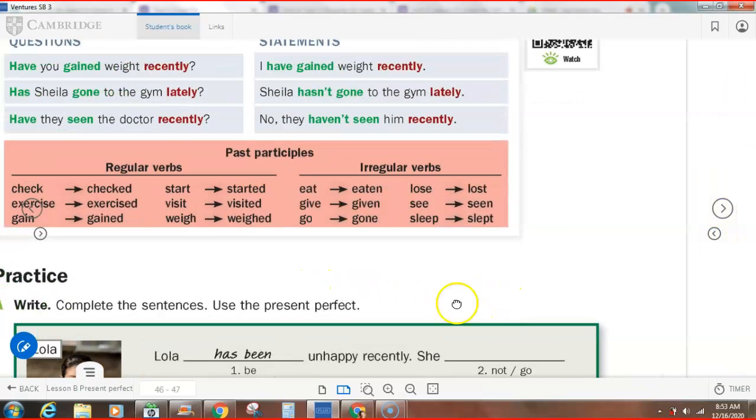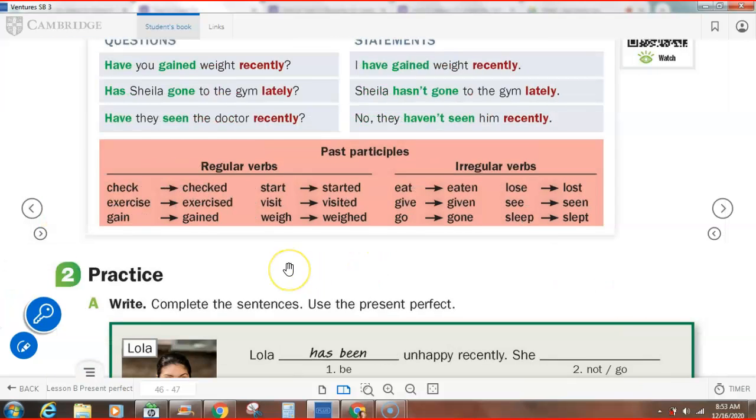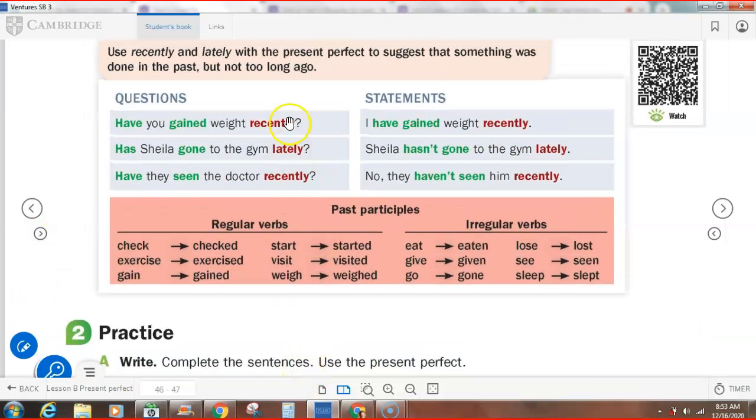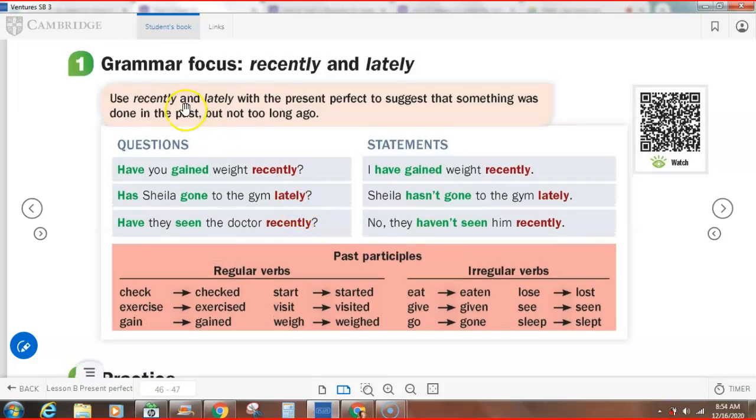Good. All right. So let's talk about using recently and lately with the present perfect to suggest something that was done in the past, but not too long ago. It's something that happened in the recent past, just a short time ago.